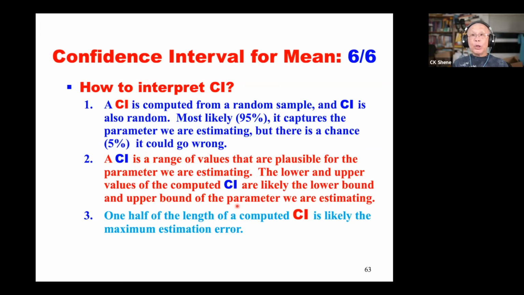So that means we don't know the population mean if we are doing the mean. Even though we don't know it, we calculate the confidence interval, and with 95% chance each one of the values inside the CI could possibly be the population mean. The third one is that 1/2 the length of the computed CI is likely the maximum estimation error.